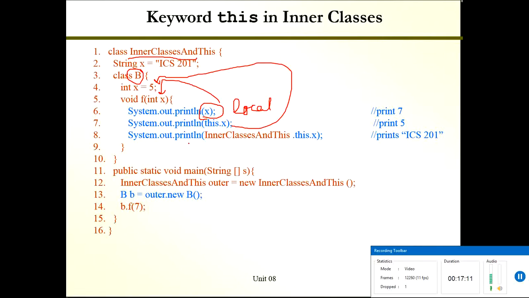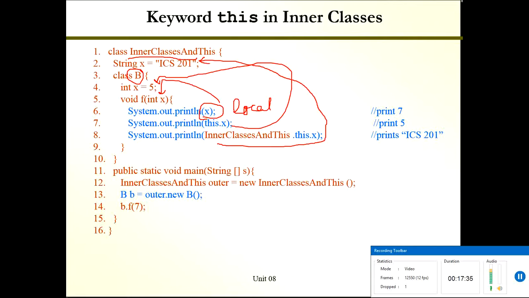The last statement is name of the outer class dot this dot name of the variable. This line will print the outer class variable, which is the x variable, and it is of string type. So inside the inner class I can use the this keyword.